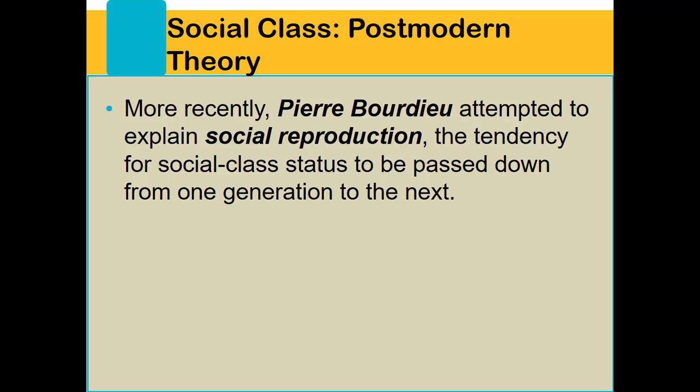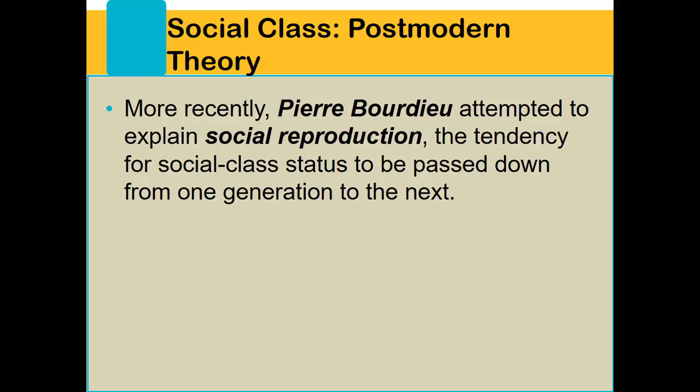Postmodernist theory, which we don't talk about too much, we have Pierre Bourdieu, who attempted to explain social reproduction, which is the tendency for social class status to be passed down from one generation to the next. So we do observe this, that rich people tend to have children who go on to continue to be rich.